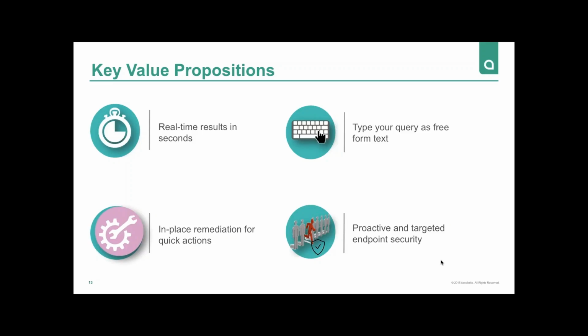And the last one is about making this whole process proactive and targeted endpoint security. The words are carefully chosen, because proactive is because the administrator doesn't have to rely on something coming back passively from your endpoints. As an administrator, you can probe your endpoints and find things which need some fixing.